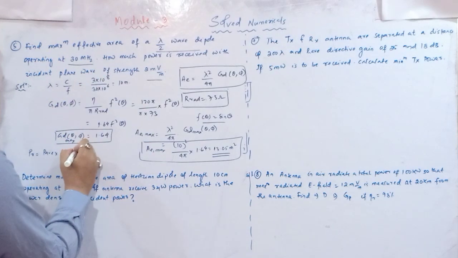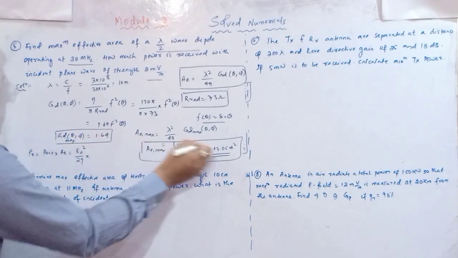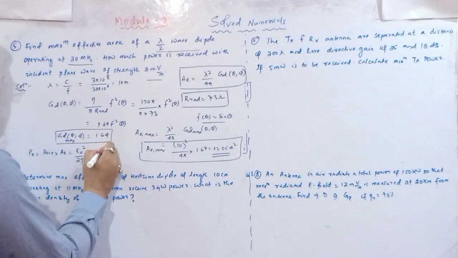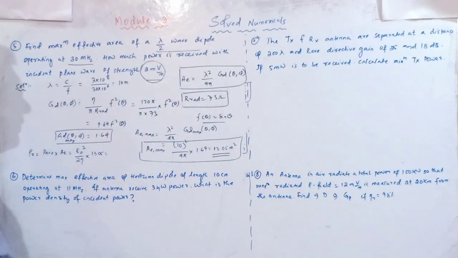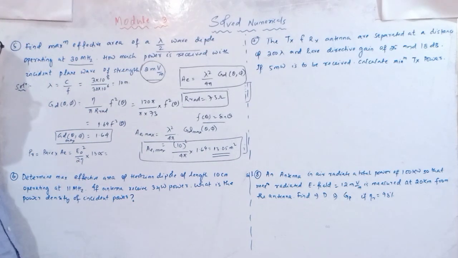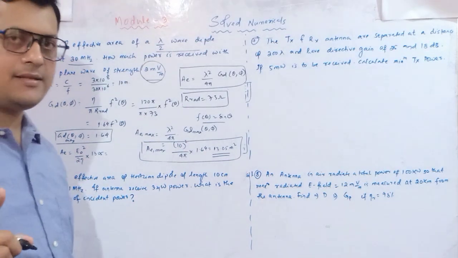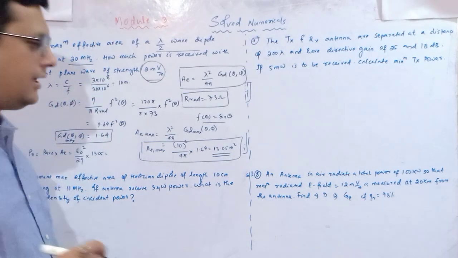So the average power is E naught square divided by 2 eta, and the effective area is 13.05. Now what is E naught? E naught is 2 millivolt per meter. Substitute here. And what is eta? Eta is the intrinsic impedance of the medium, that is free space, so eta is equal to 120 pi.